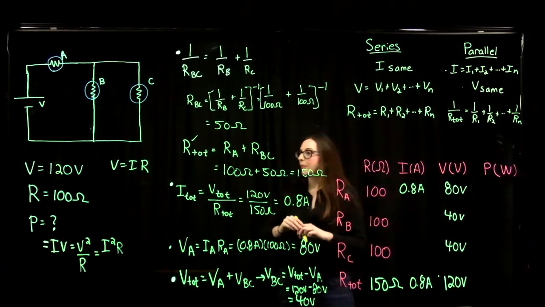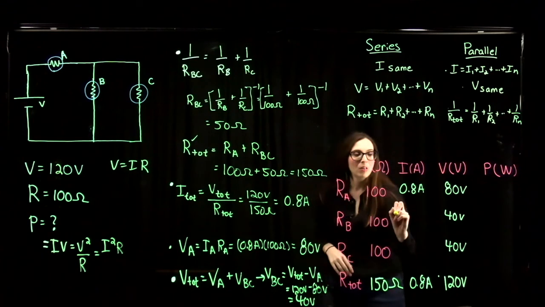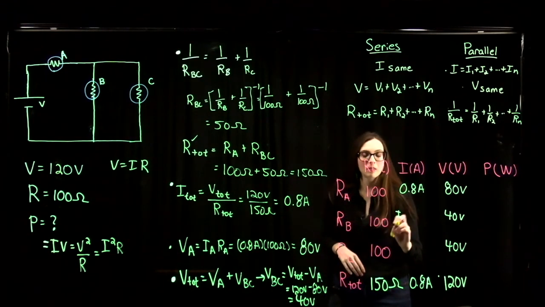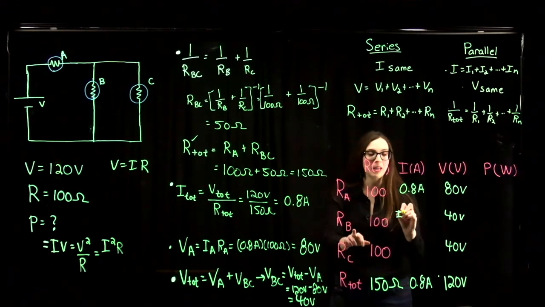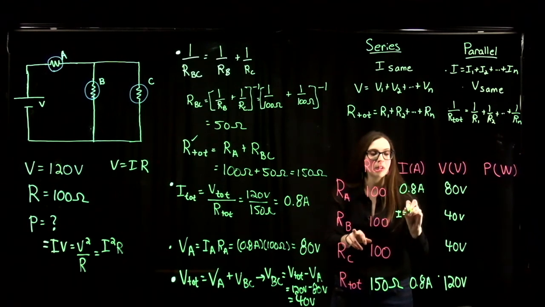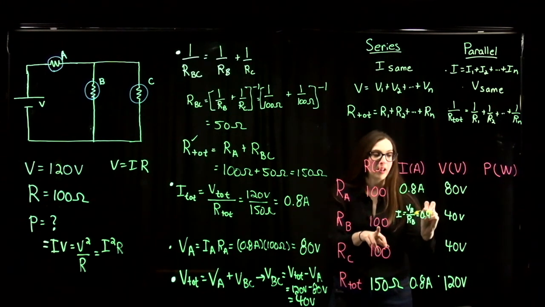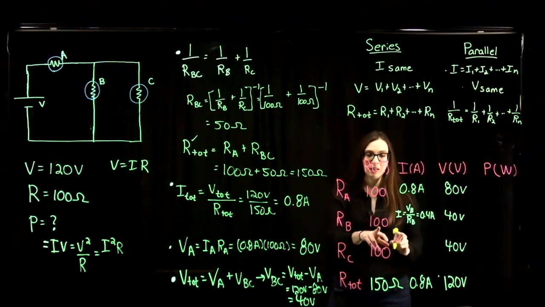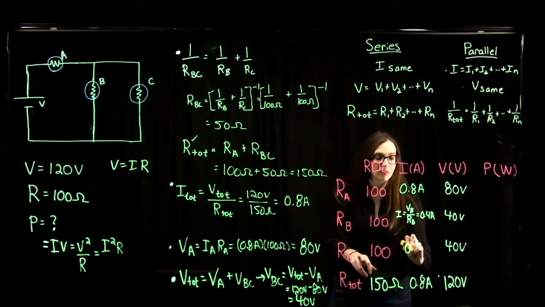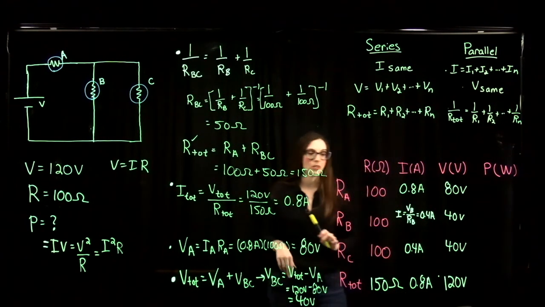So the current through resistor B is equal to the potential across resistor B divided by its resistance. So its current will be 40 volts divided by 100 ohms, and that's 0.4 amperes. And that current is going to be the same as the current through resistor C, because they both have the same potential across them and they both have the same resistance.